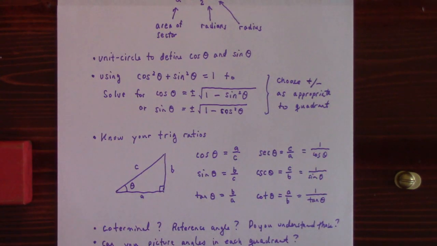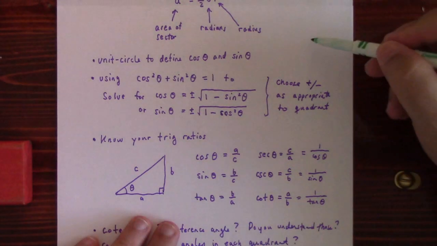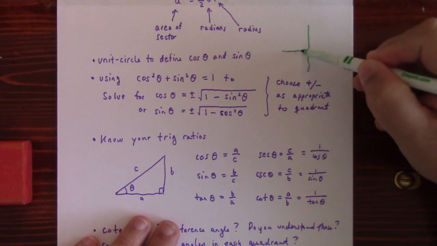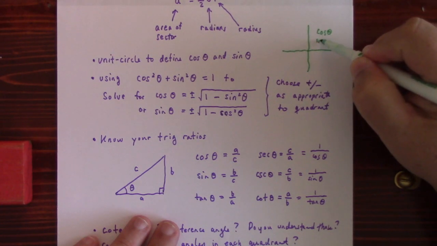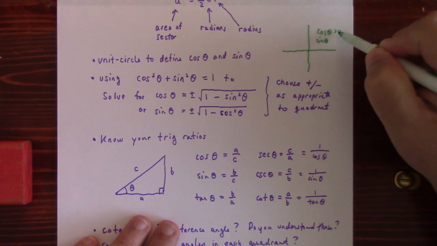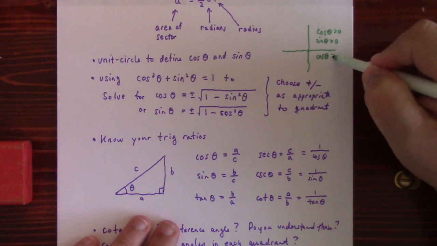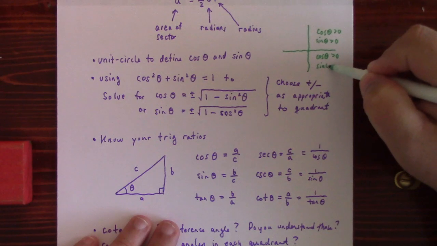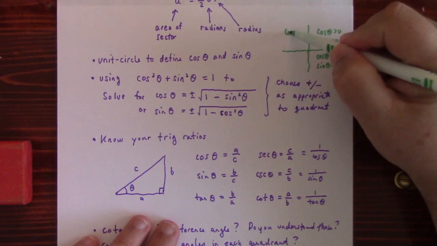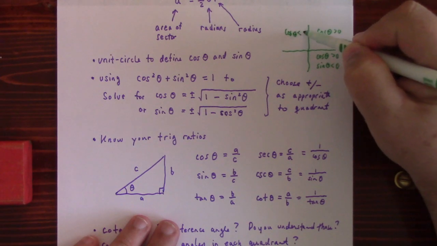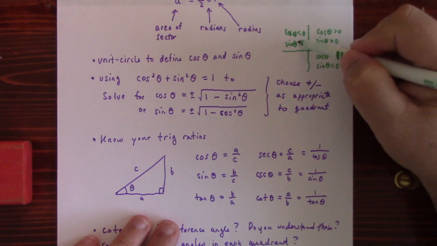Remember how it goes? If I can draw. So cosine and sine, they're both positive up here. Cosine's positive here, sine's negative here. Cosine's negative here, sine is positive here.